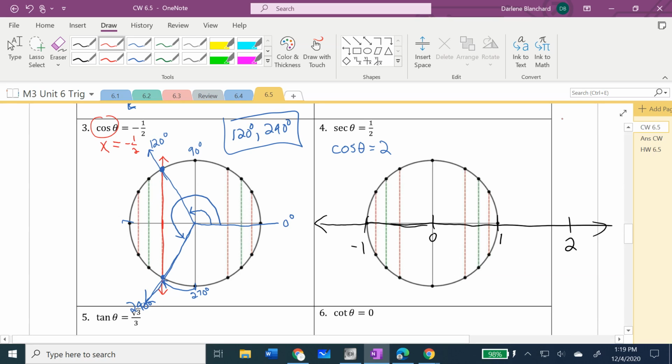So if I'm drawing a vertical line at x equals 2, it doesn't cross the unit circle. And what does that mean the answer is? Did I make a mistake on the answer key? Okay, I'll get to that. So what is the answer to this one? If you're answering what is the solution, you would say no solution, but yeah, undefined.